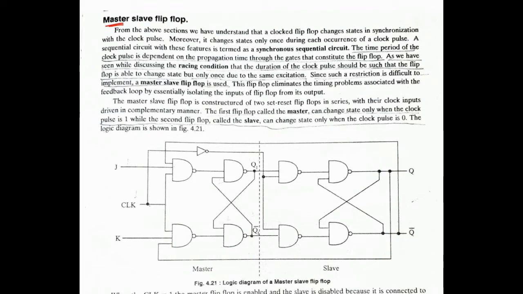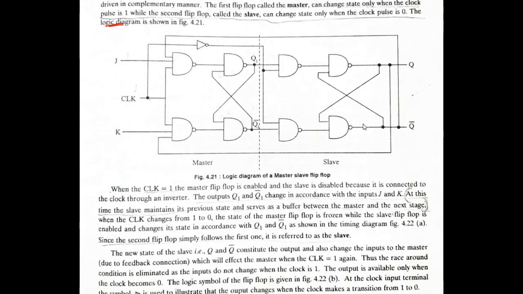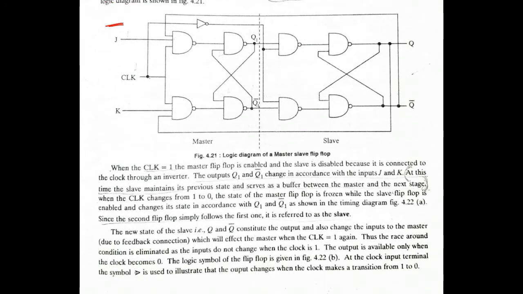Now, when the clock is 1, the master flip flop is enabled, but the slave is disabled because it is connected to the clock through the inverter.